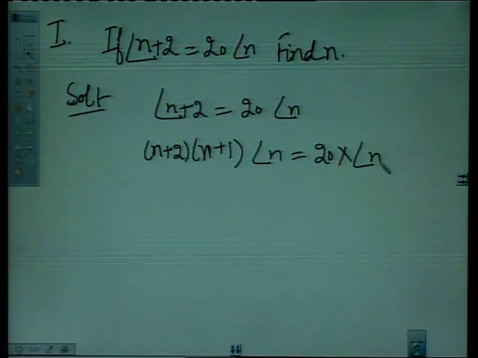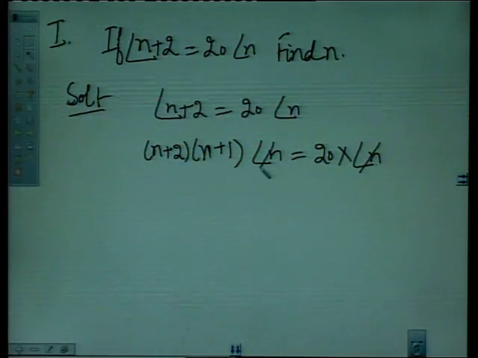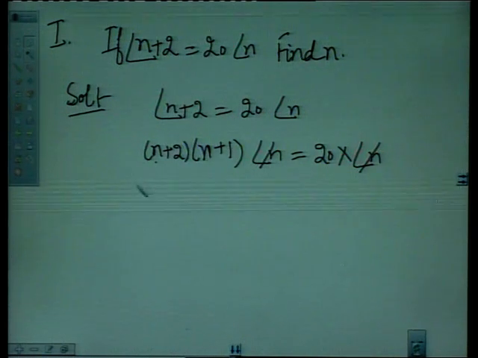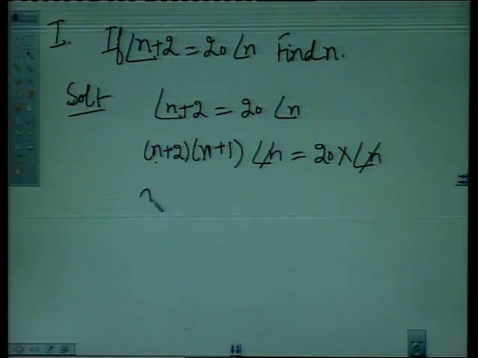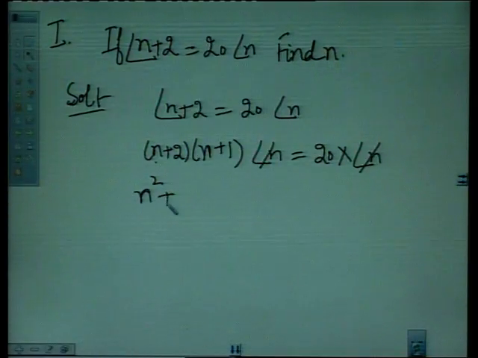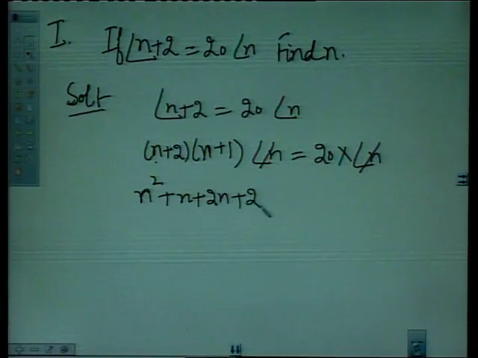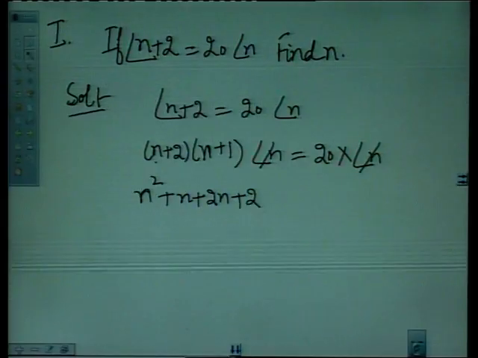Now, on both sides we have n factorial, so cancel n factorial from both sides. On the left hand side we are left with the two terms n plus 2 into n plus 1. Now we open the brackets. First we multiply n plus 1 with n and then with 2, we get n square plus n plus 2n plus 2, and we have 20 on the right hand side.